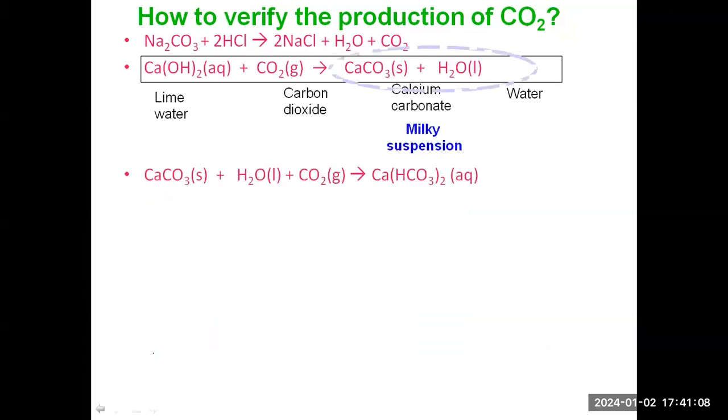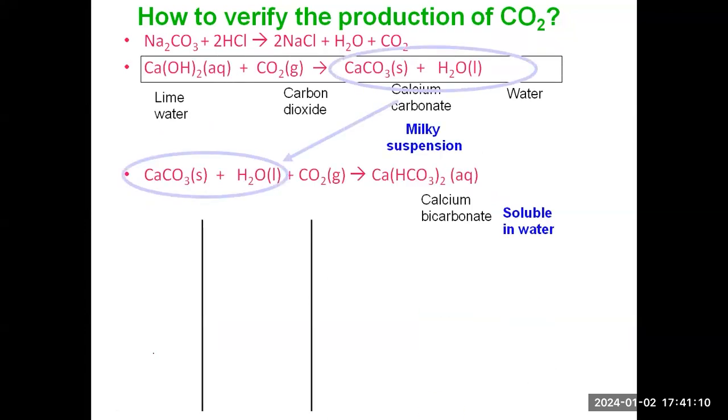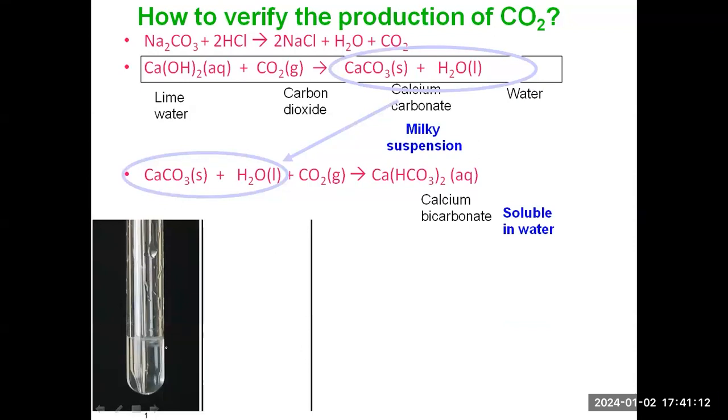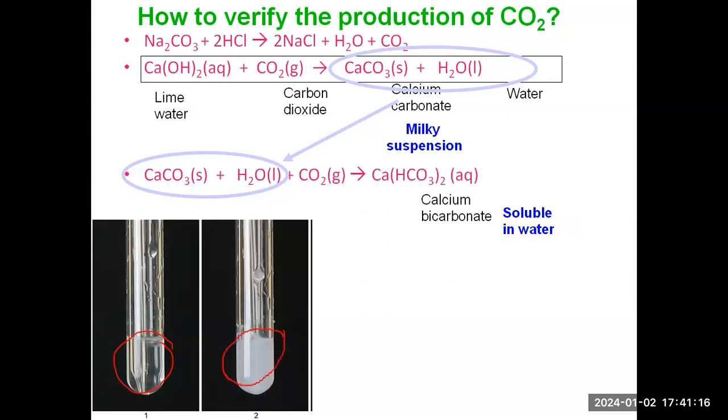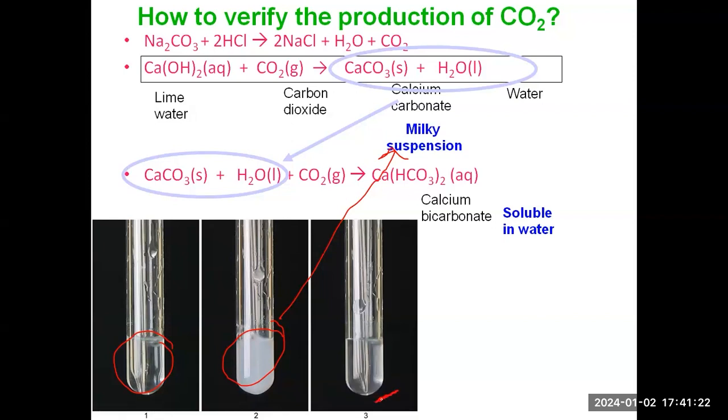So this is shown here. You can see this first test tube is the lime water. Here in the second one, this reaction took place. It became milky white. And in the third one, it became clear again because this reaction took place in the third one. All right.